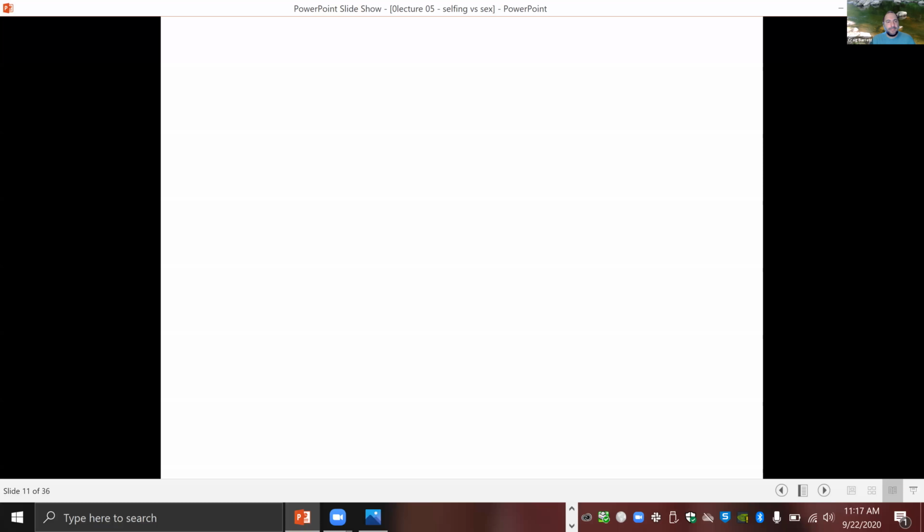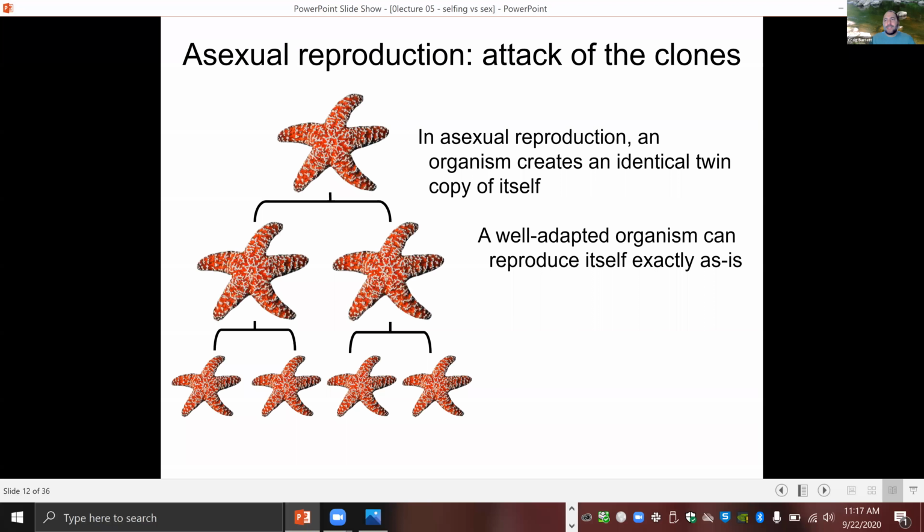Okay, break time. All right, so let's talk about asexual reproduction, I always mess these two up. We can say attack of the clones. These are kind of like clones of each other in a way. Let's say we were making up some imaginary species of starfish that can clone itself. An asexual reproducing organism creates an identical twin or copy of itself.